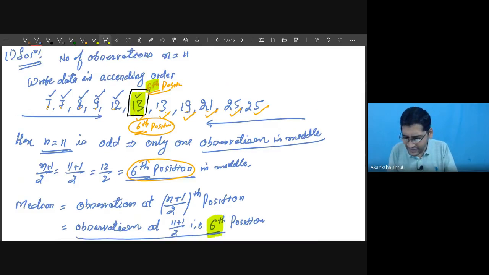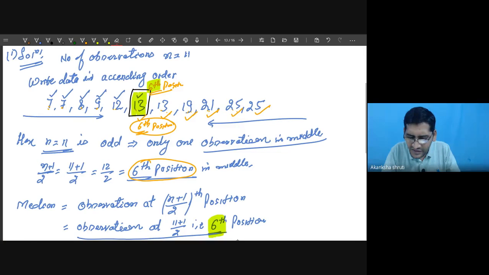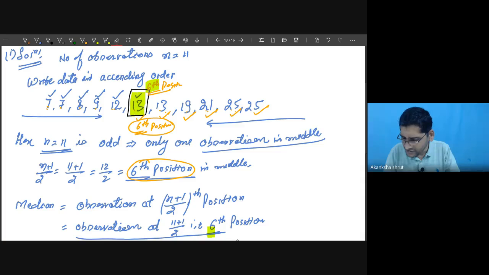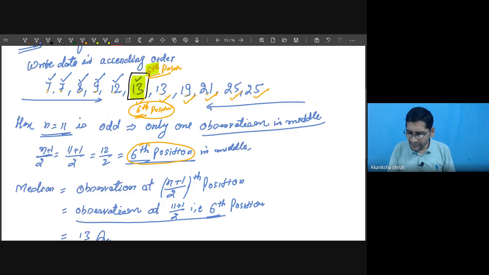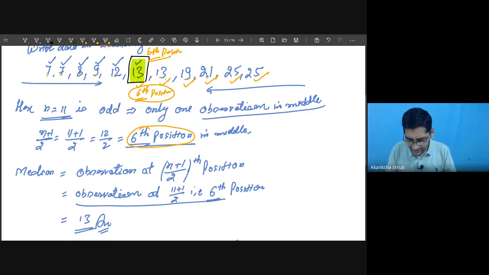So be careful while choosing or writing these things. If you are not writing or choosing correctly, there is always a chance of error. This (N plus 1) by 2 just indicates the position where we shall count. That is the only purpose of it. But the data there is 13, so that's why we have taken 13.